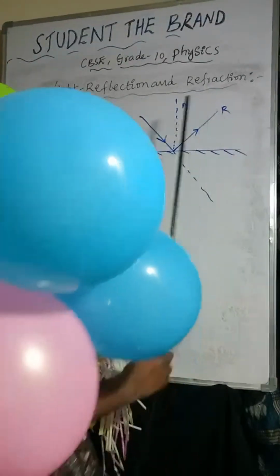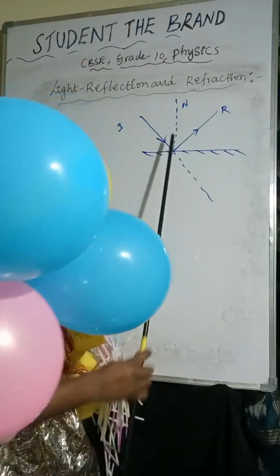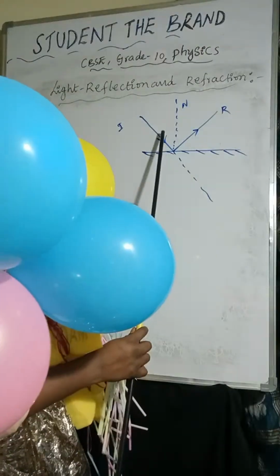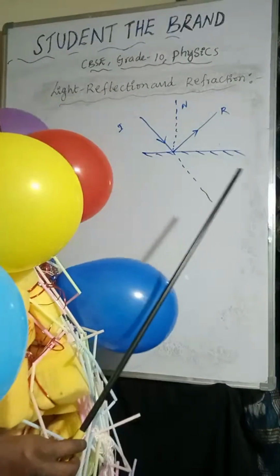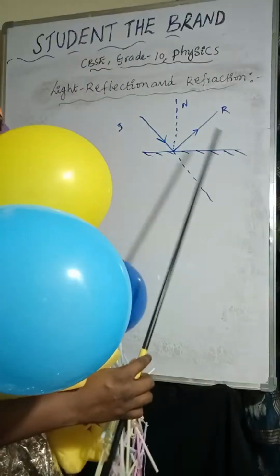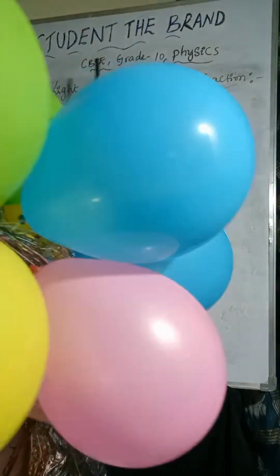You can observe here the incident ray, reflected ray, normal line, undeviated line. The angle between the incident ray and normal line is called the angle of incidence. The angle between the reflected ray and normal line is called the angle of reflection.